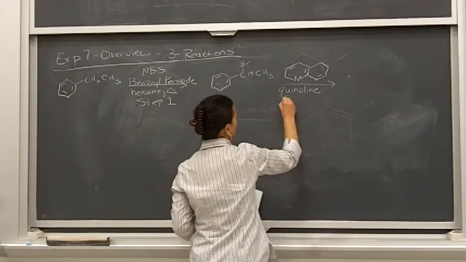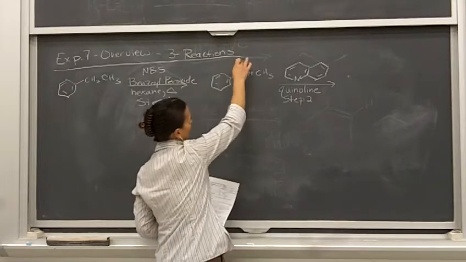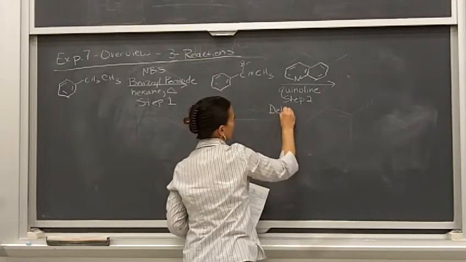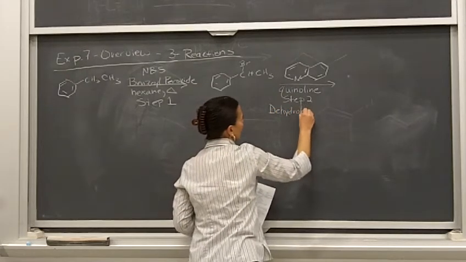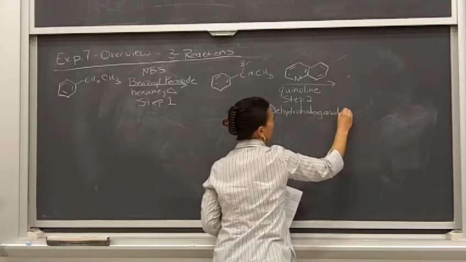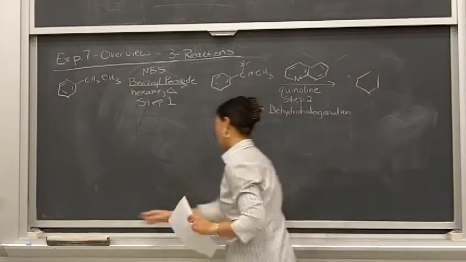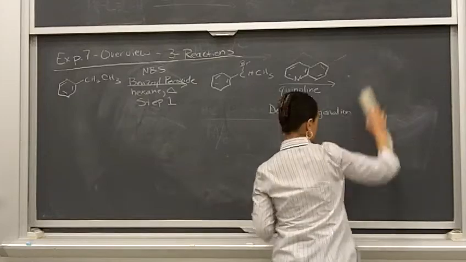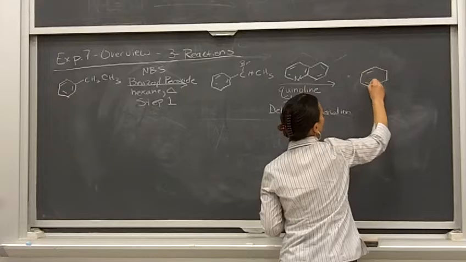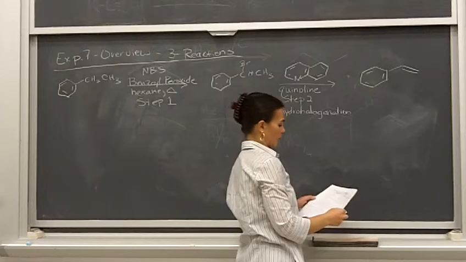This is our step 2 reaction, and what we're going to do is we're going to remove our bromine and a proton, and so this reaction is a dehydrohalogenation because we lose the proton, and we lose our bromine, okay?